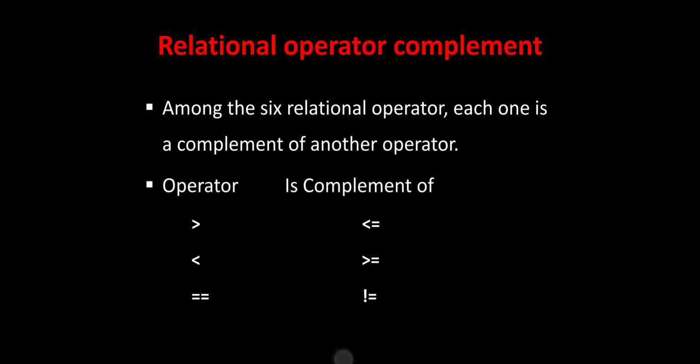It means each operator is the complement of another operator. Greater than means less than or equal to. Less than means greater than or equal to. Equal to means not equal to. This is about relational operator complements.